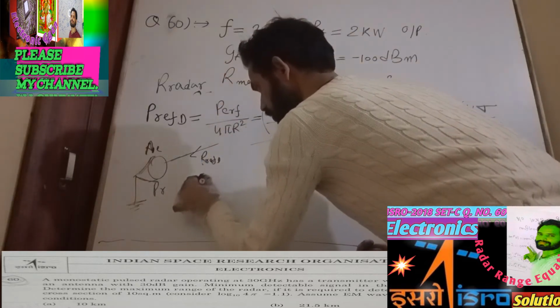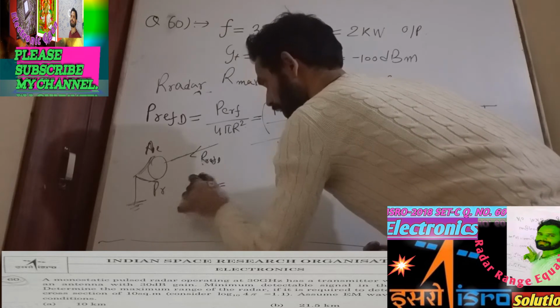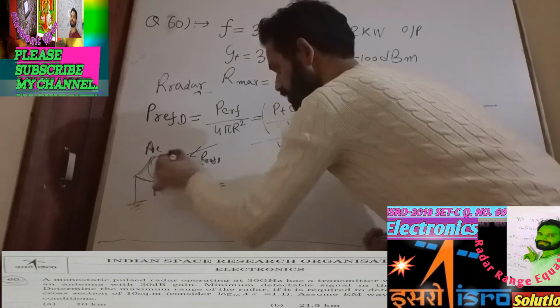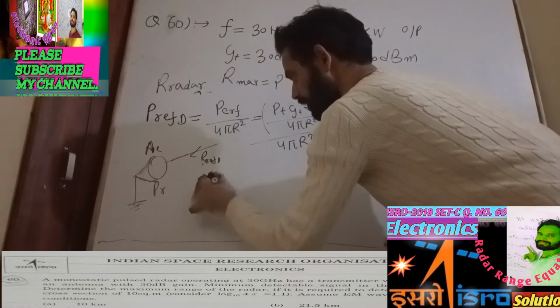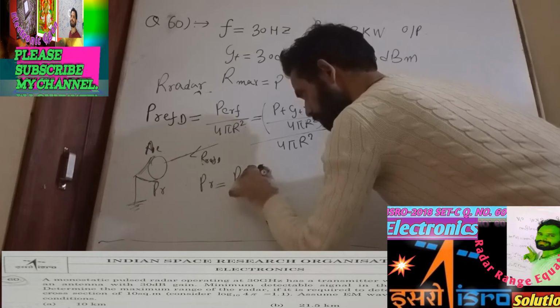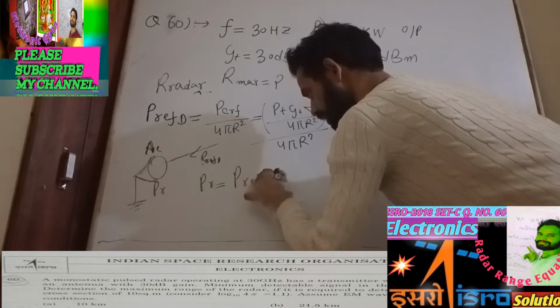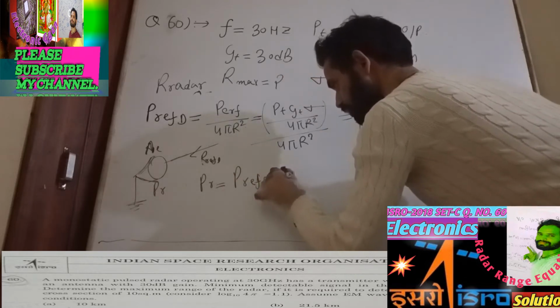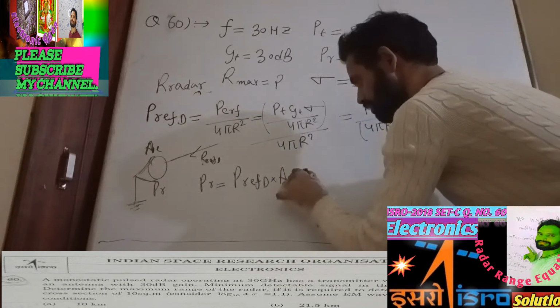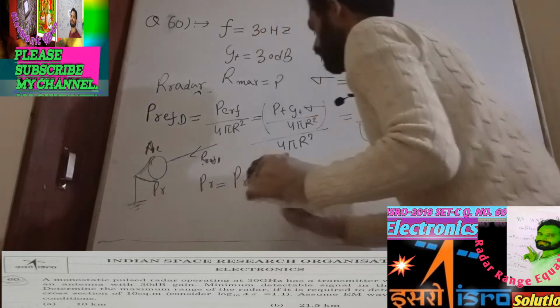So the received power by the radar through the receiving antenna is PR, equal to the P reflected power density into the effective aperture area of the receiving antenna.